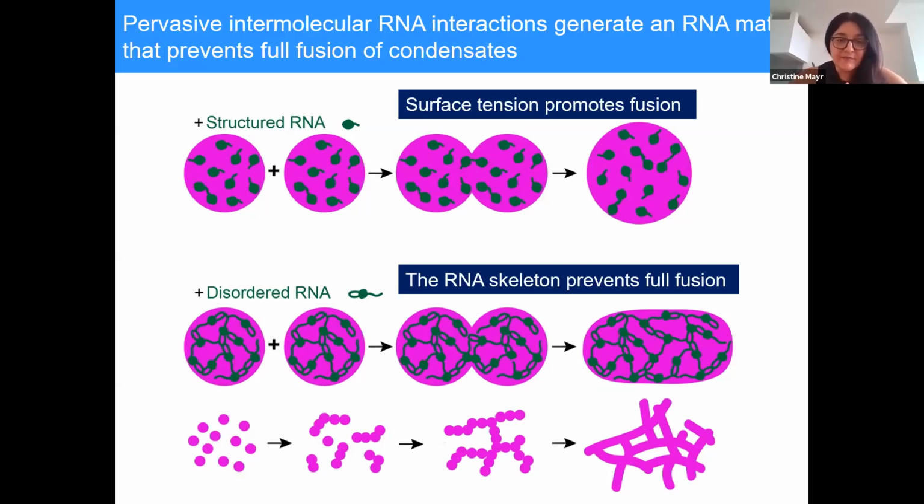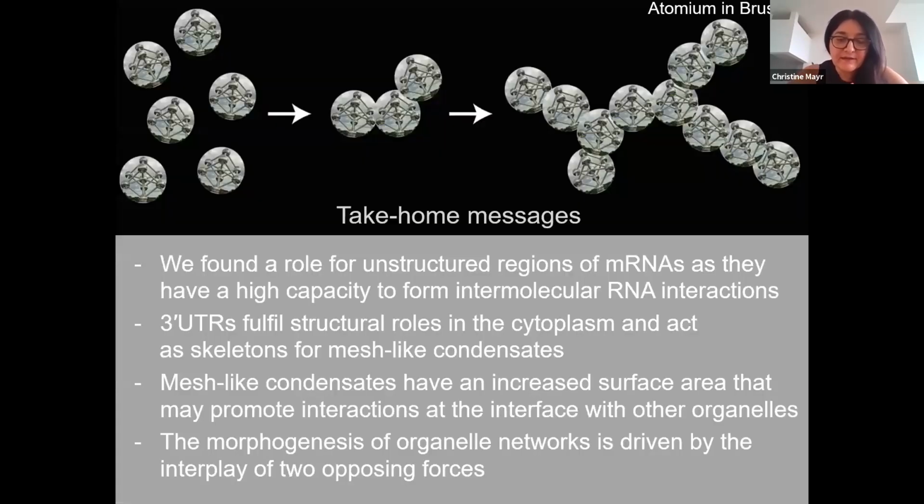So in summary, in the second part of my talk, we found a role for unstructured regions of mRNAs because they have a high capacity to form intermolecular RNA-RNA interactions. We found that 3' UTRs can fulfill structural roles in the cytoplasm and can act as skeletons for mesh-like condensates.